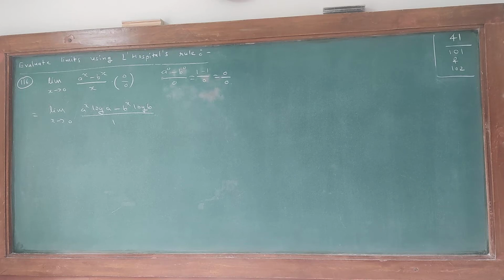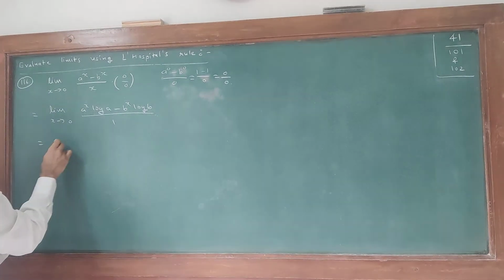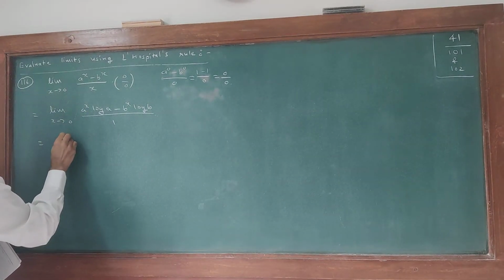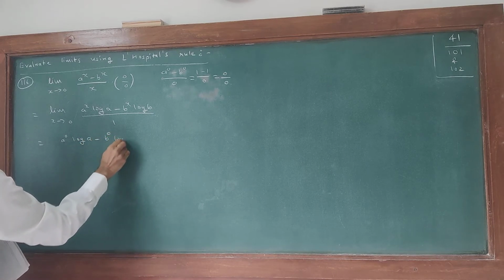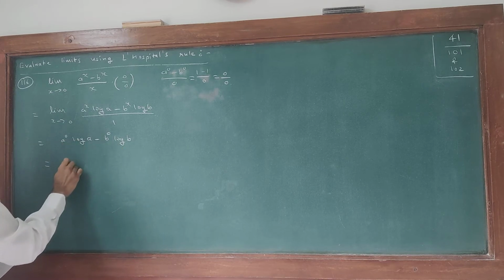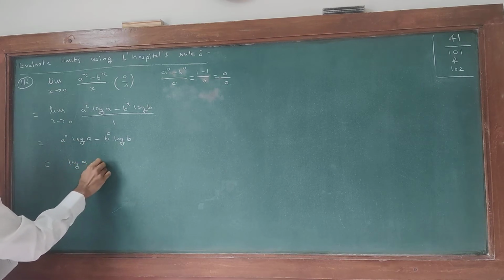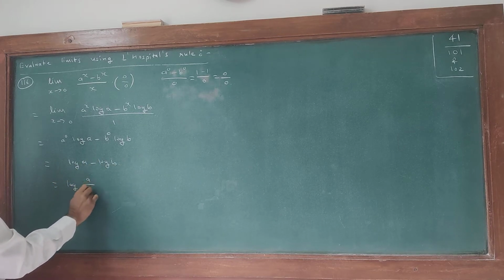Now if you put x equal to 0 in this, what happens? a raised to 0 log a minus b raised to 0 log b means I have 1 log a minus log b. So this is equal to log of a upon b.